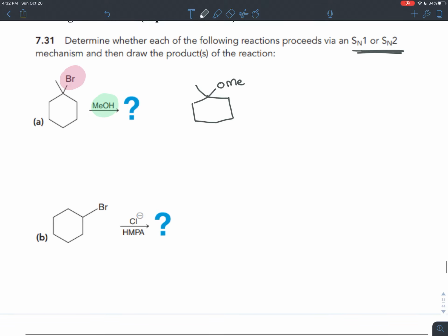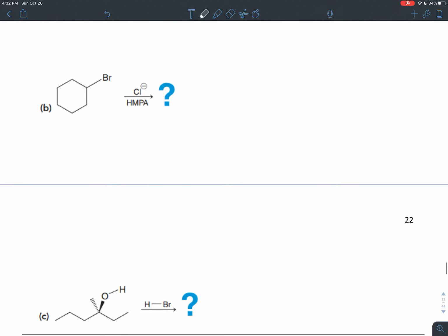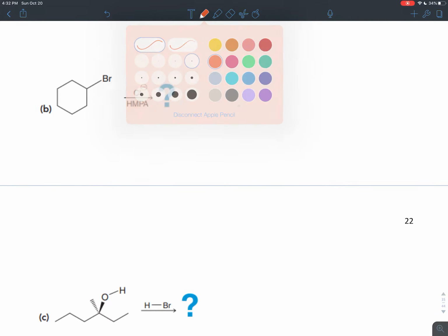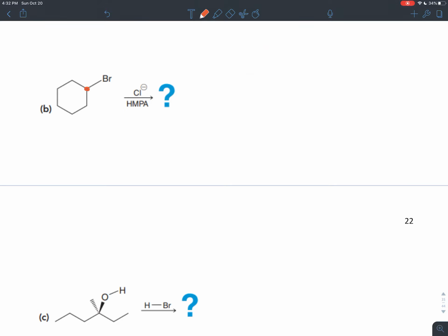All right, let's get some more practice, build some confidence with this. So we look at the substrate. We have the leaving group on a secondary carbon. So right now, it's not clear necessarily whether this is SN1 or SN2. We have a strong nucleophile and a polar aprotic solvent. Both of those things convince us that this is going to be an SN2 reaction.